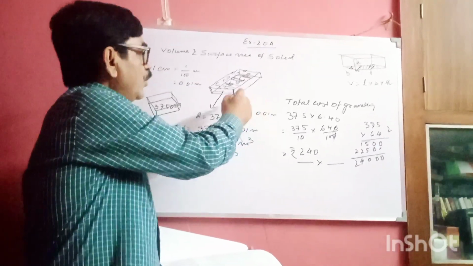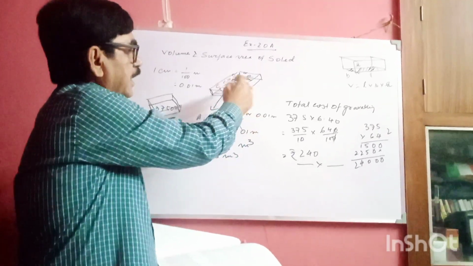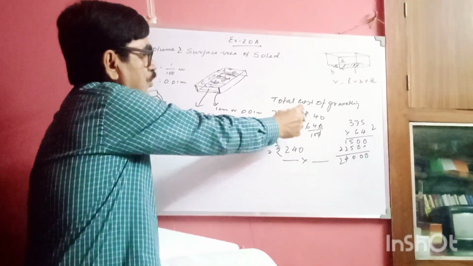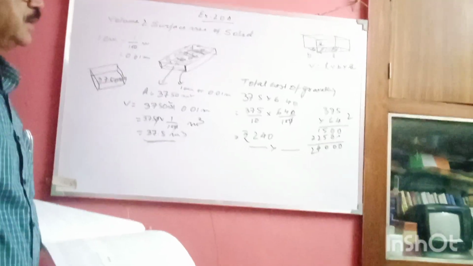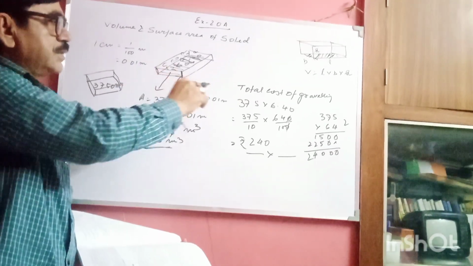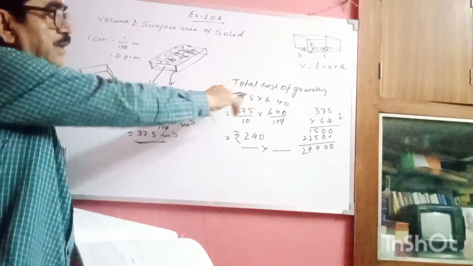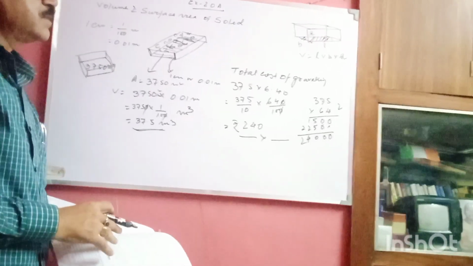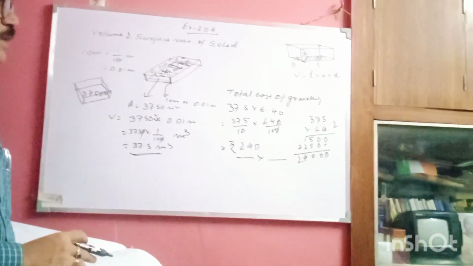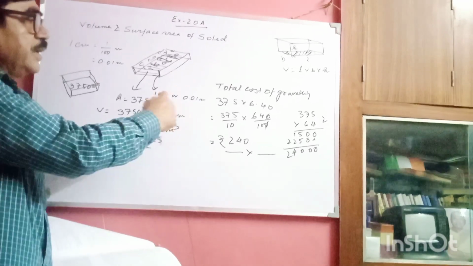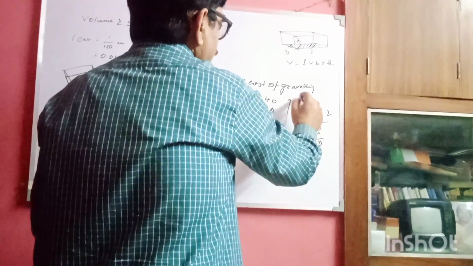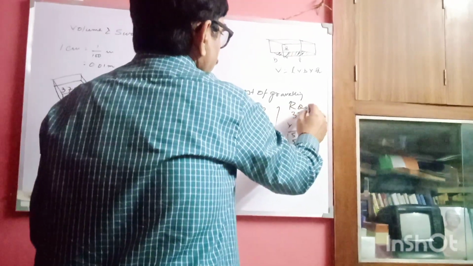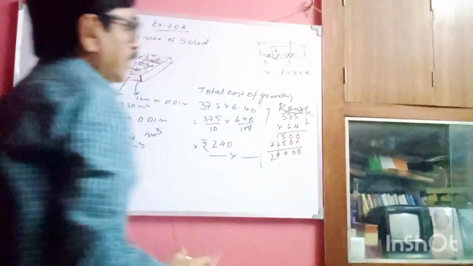So I have already found out the volume, and if we multiply the volume of this cuboid with the rate 6.40, that means 6 rupees 40 paise per cubic meter, we get the cost. So it is a very easy sum, and you can calculate all these things. Understood?